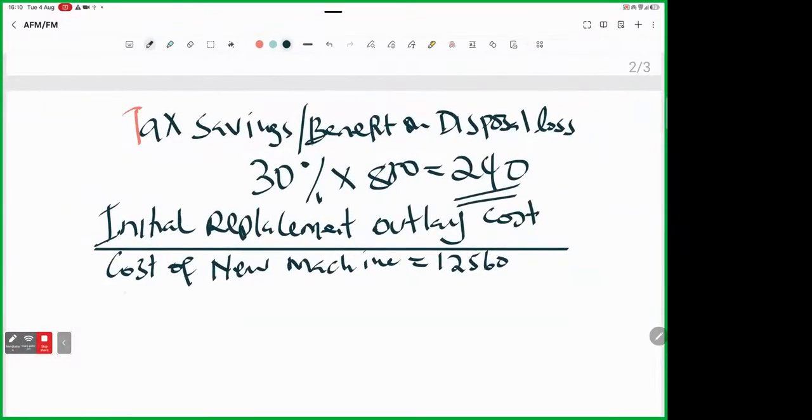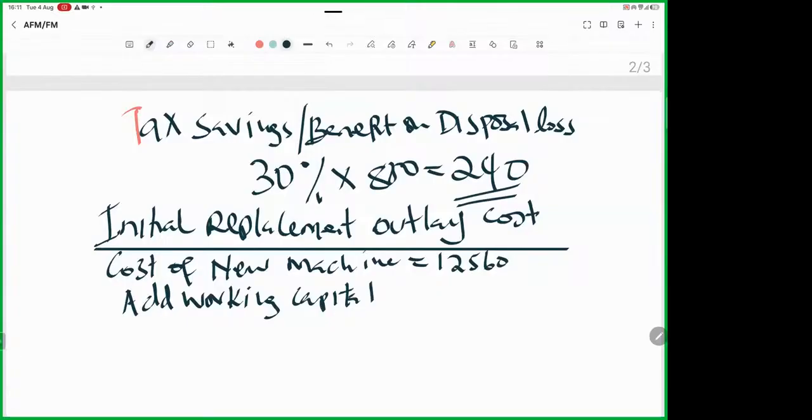So in this case, add working capital of 2,600.